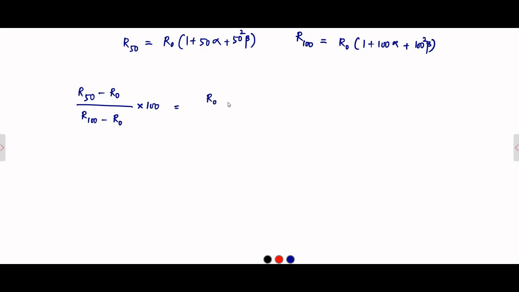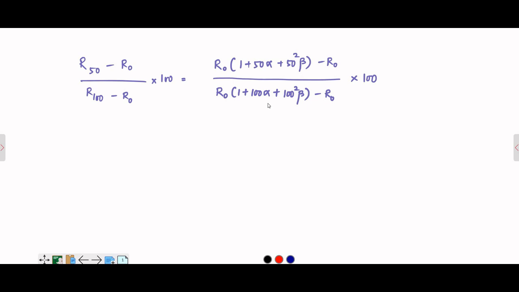R50 is R0 into 1 plus 50 alpha plus 50 square beta, minus R0, by R100, which is R0 into 1 plus 100 alpha plus 100 square beta, minus R0, into 100.